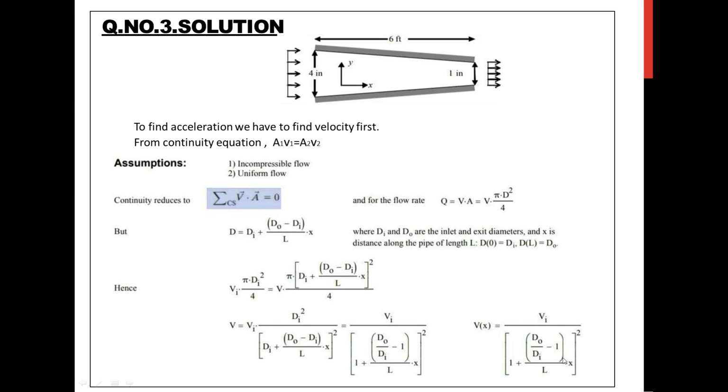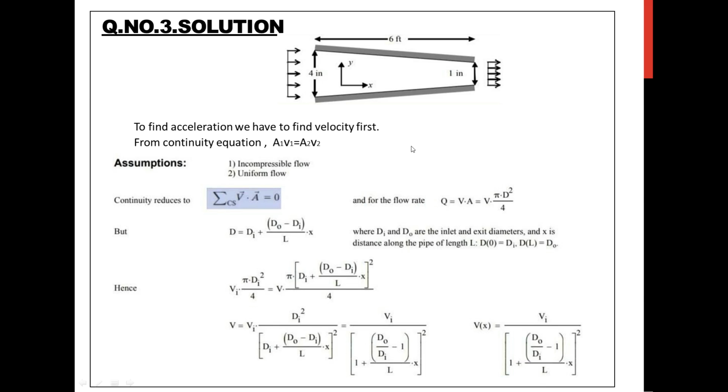That is, depending upon the value of x, velocity will be changing. Since we know vi, d naught and di. Here d naught by di equal to 1 by 4, and vi equal to 3 given in the question. L equal to 6, and x can be 0 to 6.